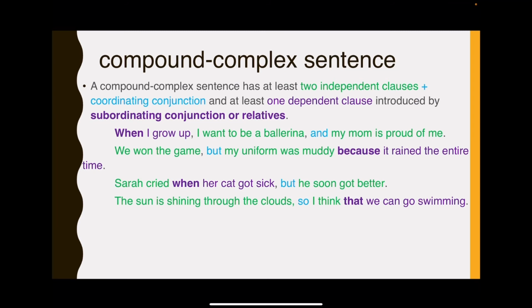The last one, the sun is shining through the clouds, so I think that we can go swimming. We have two greens, two independent clauses. The sun is shining through the clouds, I think, and they are joined by using the word so. And then that we can go swimming, that is a dependent clause.